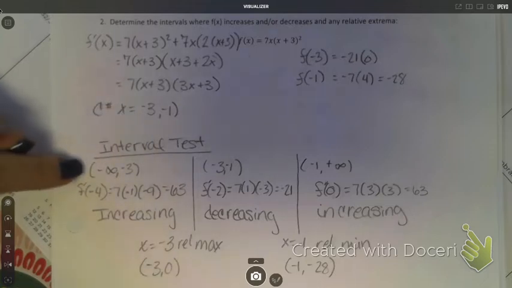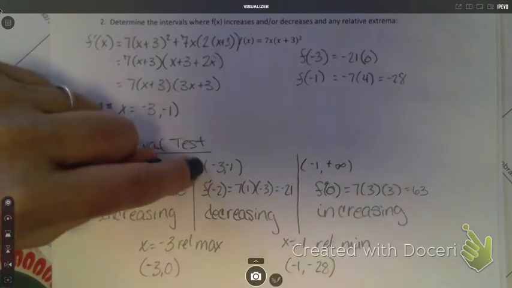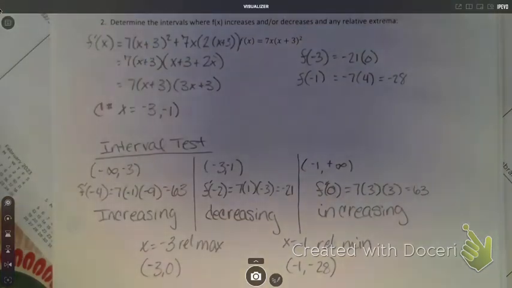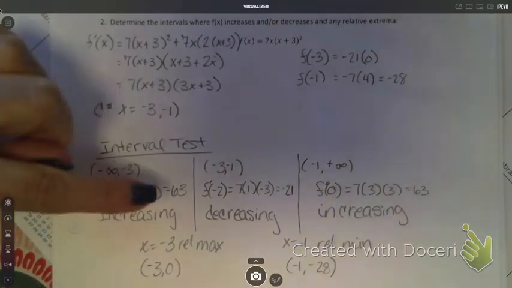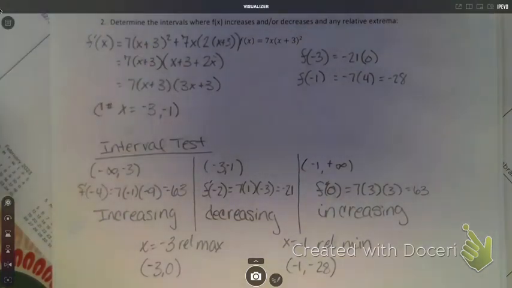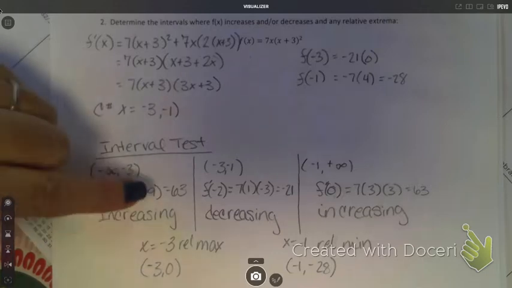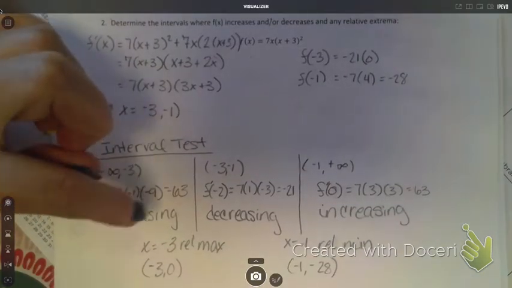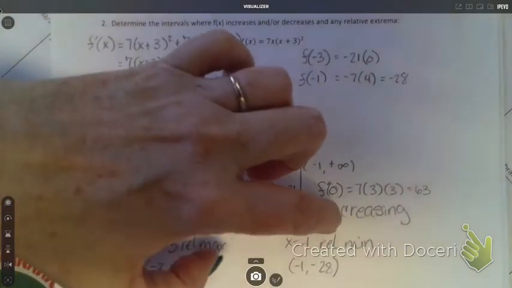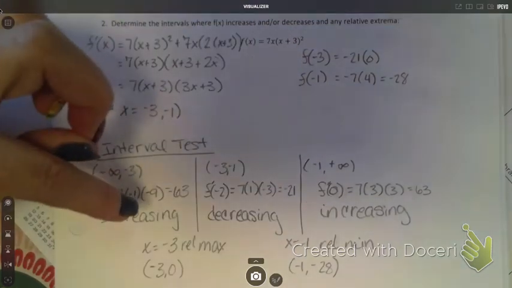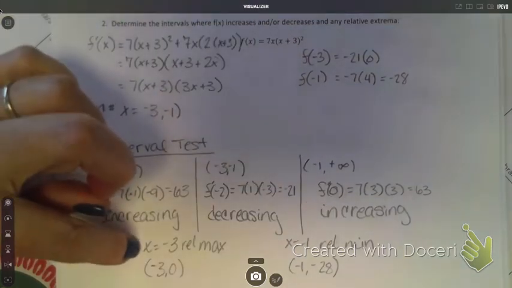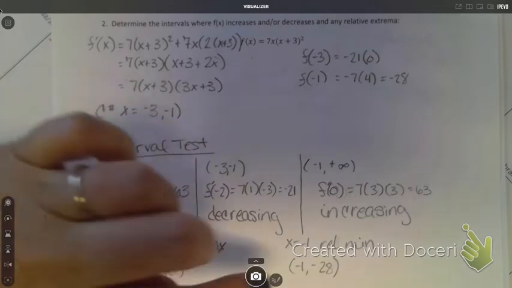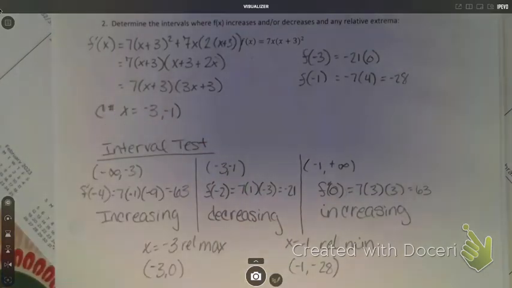So your interval test is -infinity to -3, -3 to -1, -1 to positive infinity. So I have positive, negative, positive. So we have increasing, decreasing, increasing. So the relative max is at -3, 0. And the relative min is -1, -28.